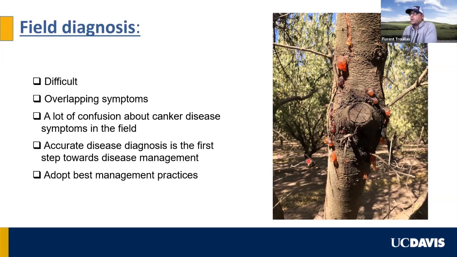Among the various canker diseases I will be talking about, there are a lot of overlapping symptoms and a lot of confusion, often misdiagnoses in the field, that lead to management approaches that are not appropriate if the diagnosis was missed at first. So again, field diagnostics is very critical in order to adopt best management practices for managing canker disease.